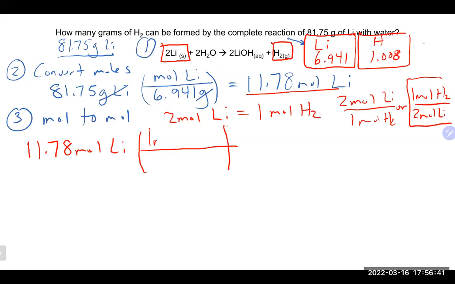That's going to give us 1 mole of H2 over 2 moles of Li. This is the big stoichiometry part right there. We cancel out the moles of lithium, and if we divide by 2, that gets us approximately 5.89 moles of H2. Any question on that part of it?